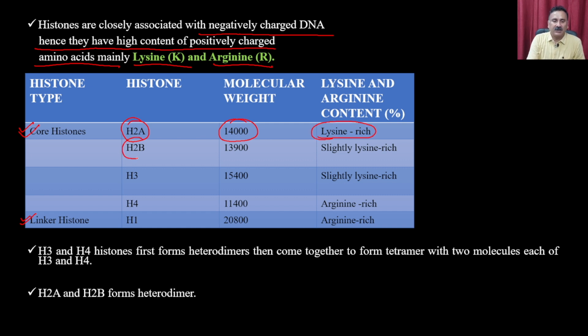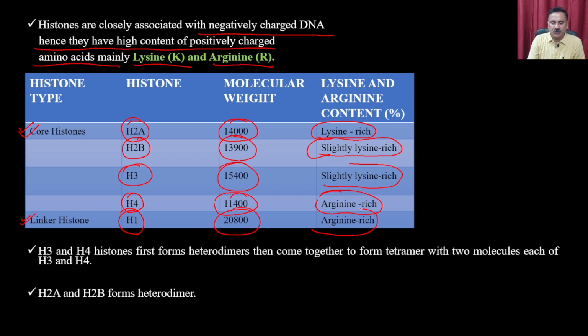Similarly, H2B is approximately 14 kilodalton and slightly lysine rich. Then we have H3, which is 15 kilodalton and lysine rich. And you have H4, which is 11 kDa and arginine rich. Then we have the linker histone H1, which is 20 kDa and also arginine rich.